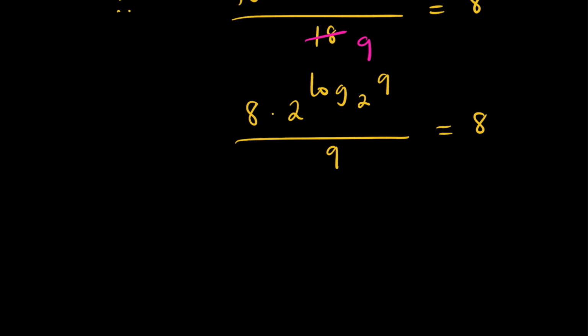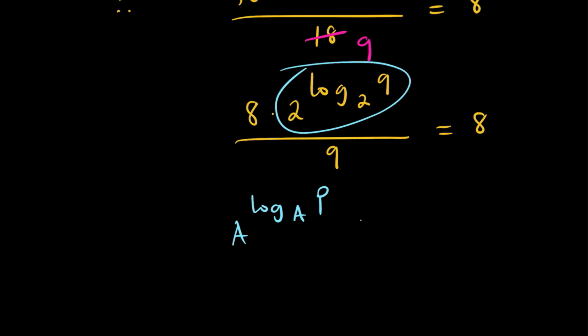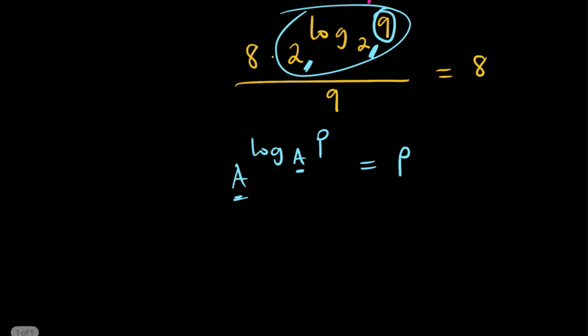The next thing we would look at will be this expression containing logarithm. By law of logarithm, given a raised to power log p base a, this will be reduced to p because we have the same base of a. Since we have the same base of 2 here, then our expression here will be reduced to 9.